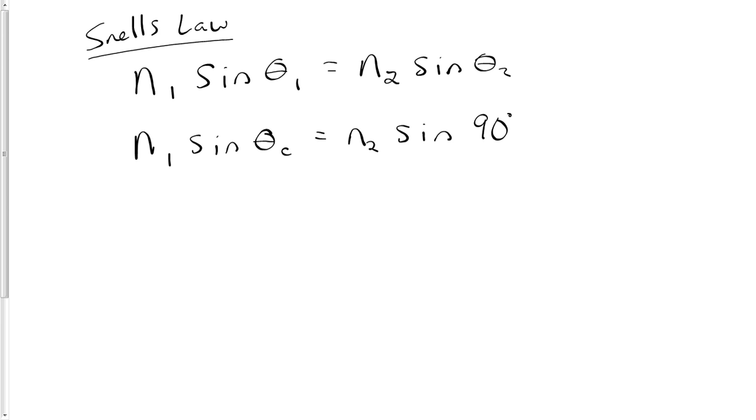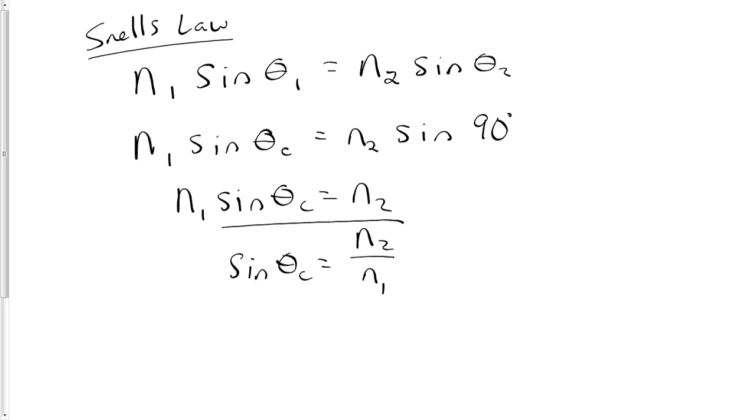So it becomes sine of 90, and sine of 90 is just 1. So the result is n1 sine of the critical angle equals n2, so sine of the critical angle equals n2 over n1. So you can calculate the critical angle just knowing the two indexes of refraction.